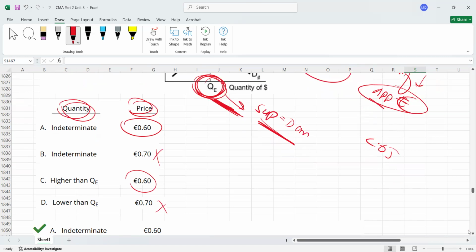It means the new equilibrium price, for sure, would be 0.60. Quantity is higher than QE? No, we cannot say about the equilibrium quantity, because it is indeterminate. Quantity could be higher or lower than equilibrium, but the price definitely will be lower. So this is the correct option, A.